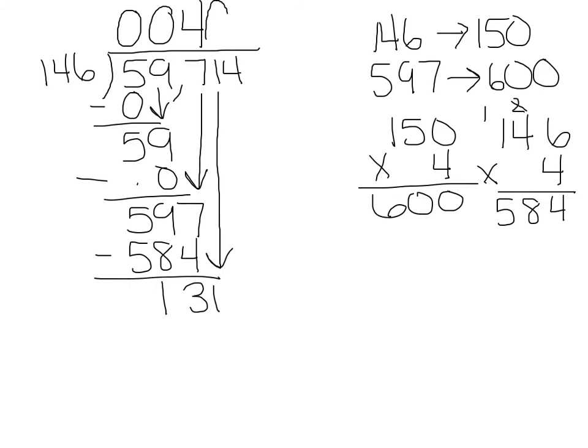So now you have to make sure you put a 0 there. You cannot just bring down the next number without putting that 0, because it's going to affect your place value and your answer is going to be incorrect. So you have to put that 0 there, and then we can say 146 times 0 is 0, and subtract, and bring down. Now we bring down our next number.